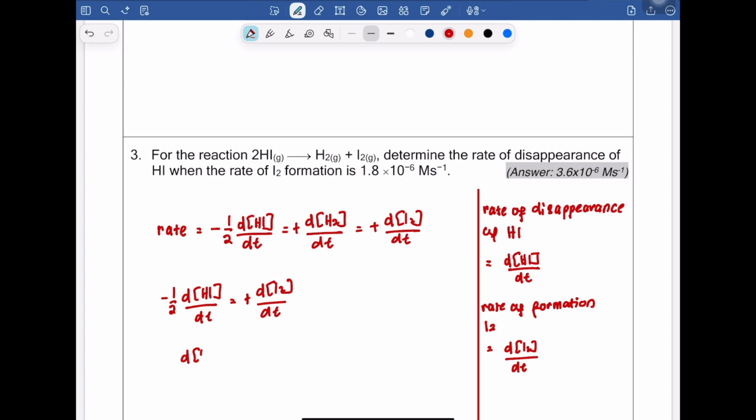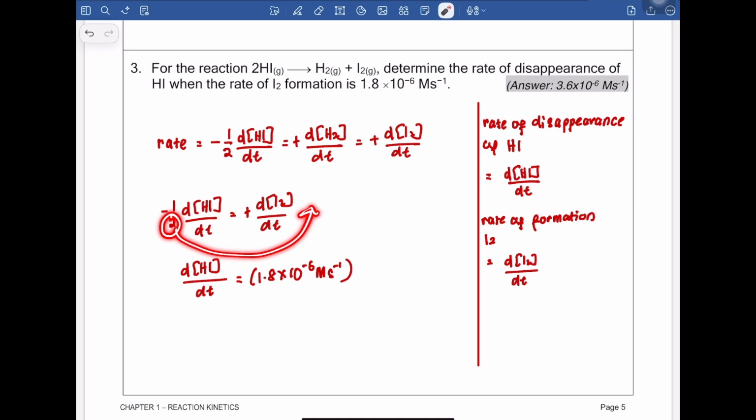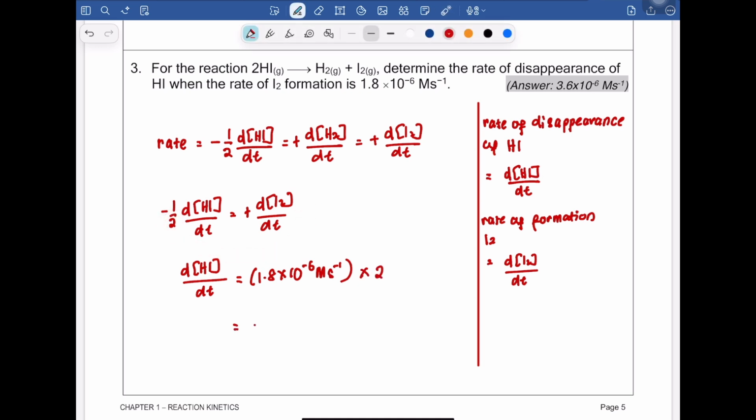So d[HI] over dt equals 1.8 exponent negative 6 M s negative 1. Now these two we bring here, mathematical law, times 2. So we are going to get 3.6 exponent negative 6 M s negative 1. So that is how we do the calculation.